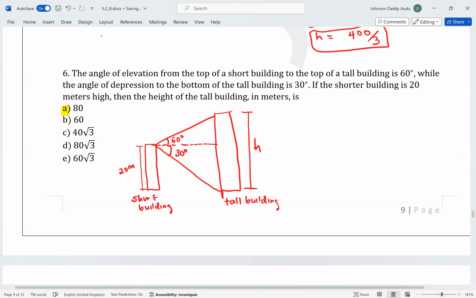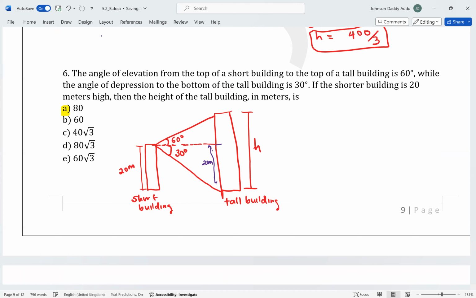So if the height of the short building is 20, it means from here to here is also going to be 20 meters, right? But don't forget, the goal is to find this big H here. So already we know that this is 20 meters.